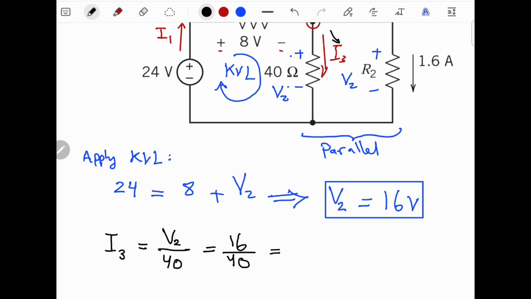So we can simplify this by dividing by 8, so that would be 2 divided by 5. So the answer is 2/5 ampere, which is equivalent to 0.4 amp.